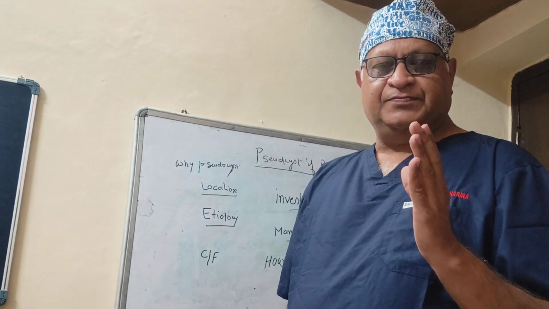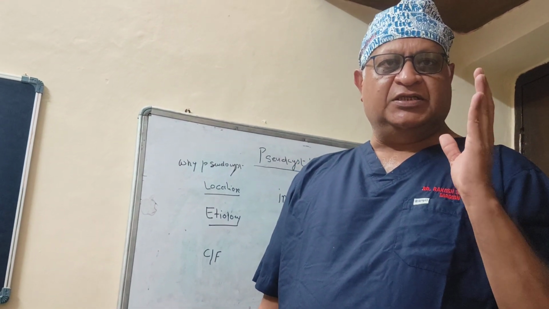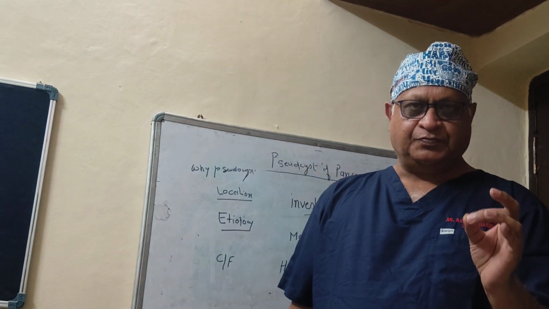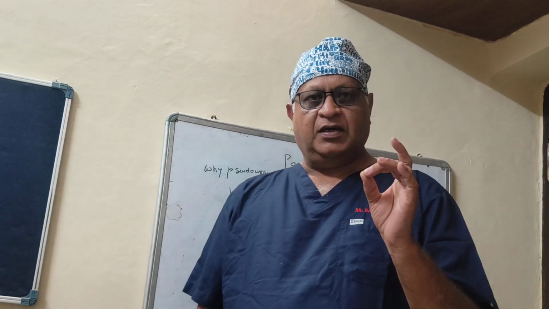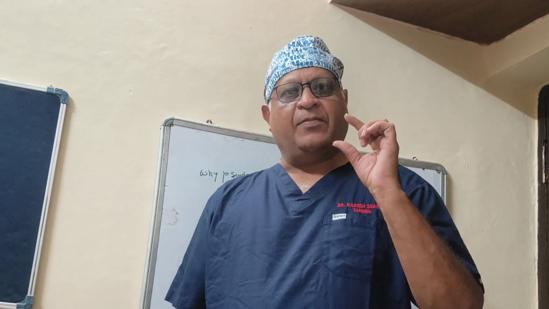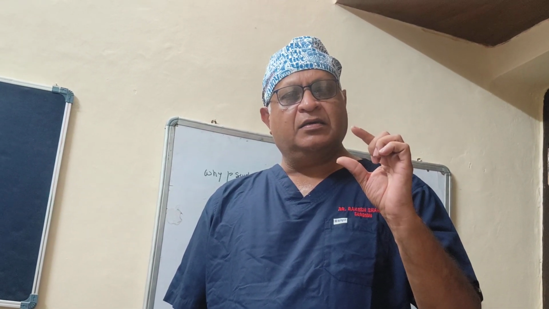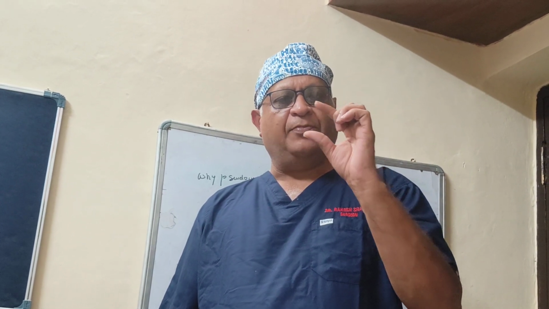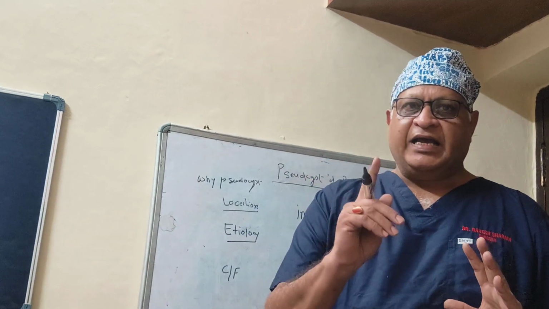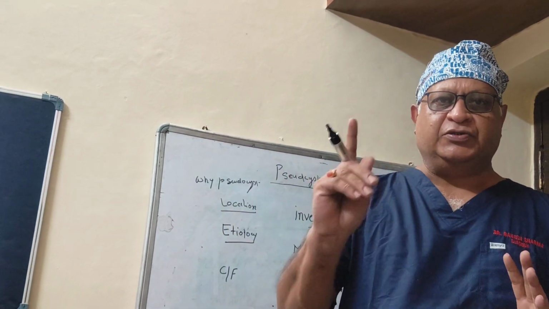How can we differentiate between mucinous cystadenoma and pseudocyst of the pancreas? By fluid analysis, we aspirate the cystic fluid percutaneously. If the cystic fluid is rich in amylase activity and low in CEA, carcinoembryonic antigen, high amylase and low CEA means pseudocyst.